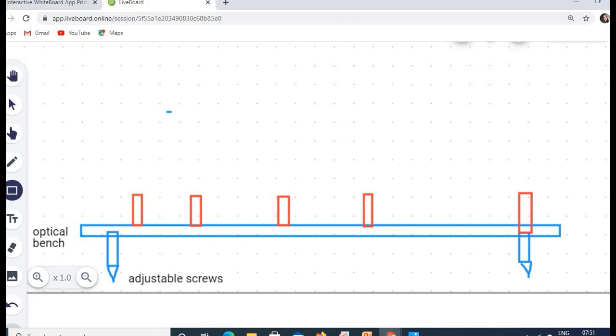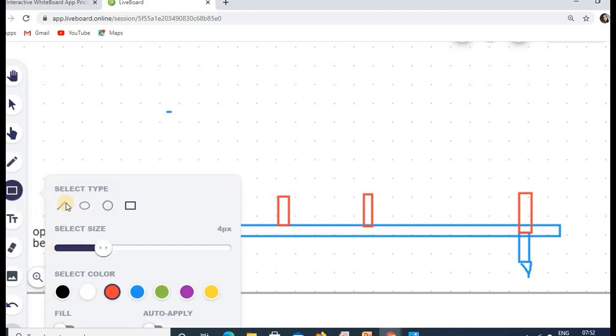All these optical elements held in these uprights have to be made parallel, and for that I can adjust this upright. The height of the upright can be adjusted on the optical bench. This is the first upright and this is the second upright, and I can name these uprights so there won't be any confusion.